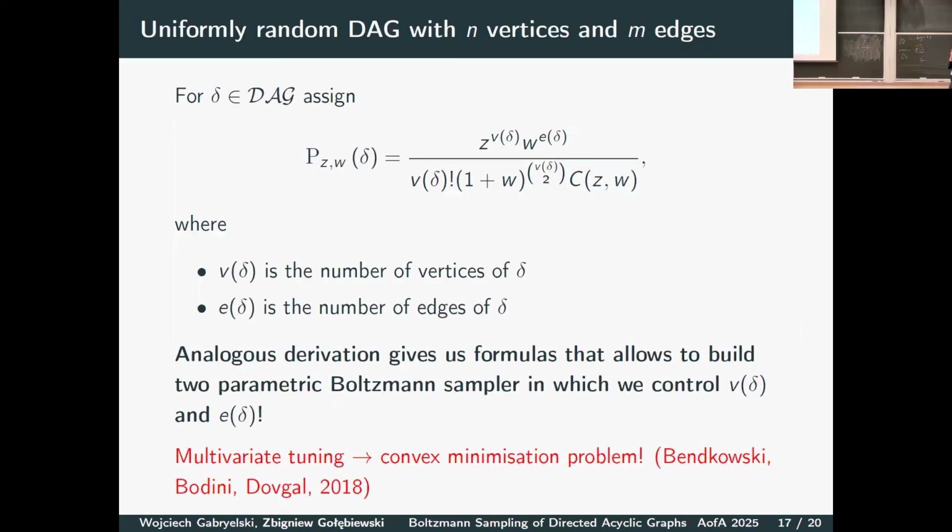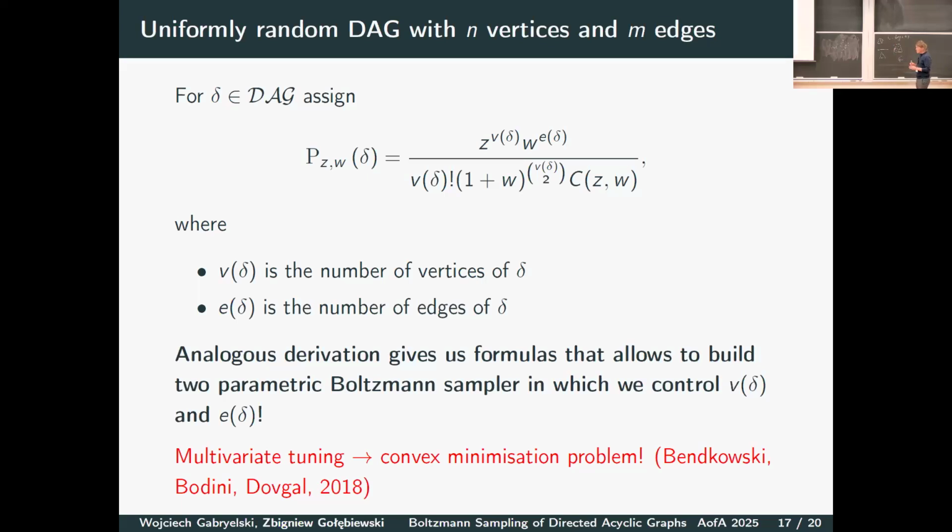Okay, so our next idea was, let's try to incorporate taking care of the number of edges in our sampler. So we go back to the original definition of this Boltzmann model for the graphic generating function with two parameters z and w, and doing analogous derivations, but the formulas are a bit more complex.